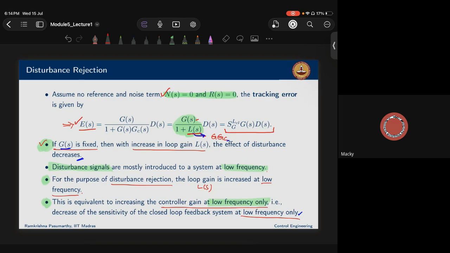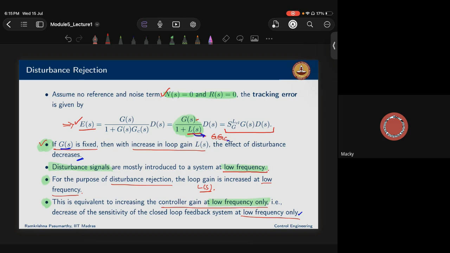Majorly these disturbances are created at lower frequencies. Noise will be created at the higher frequencies. So what we do here is choose the loop gain at the lower frequencies. That will reduce the tracking errors or disturbance.